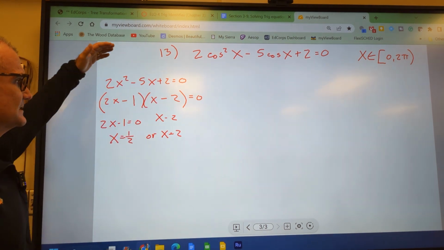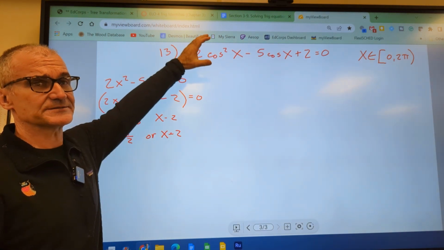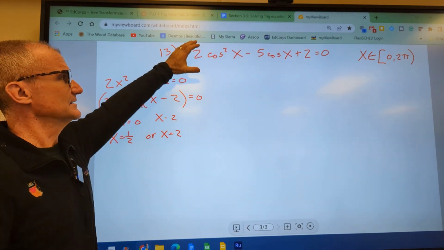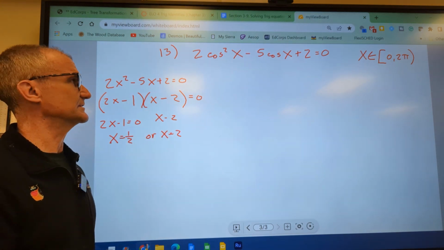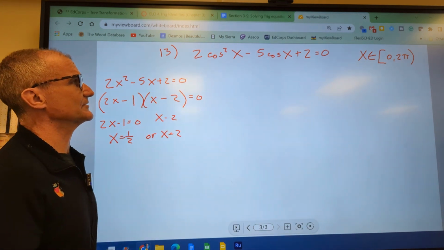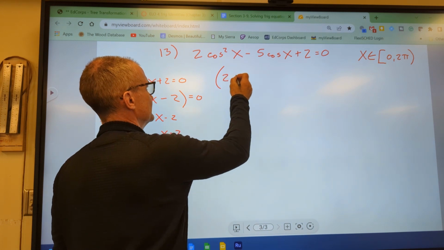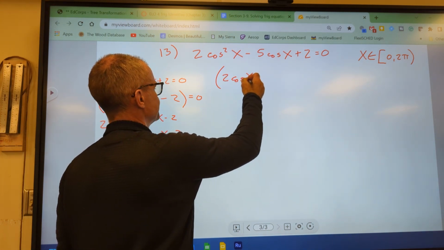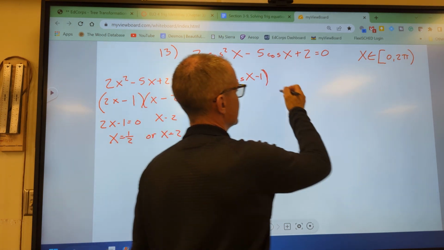So I'm going to use that same algebra knowledge, but rather than work with x, I'm working with an actual function. And the thing about a function is I'm going to have a series of solutions rather than just a singular solution. So I'm replacing x with cosine of x, but I'm going to factor it the same way. So the factors of 2 cosine squared is going to be 2 cosine of x minus 1.